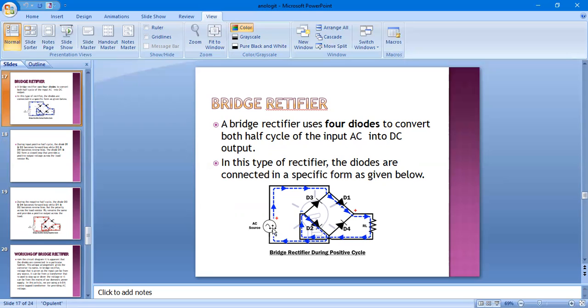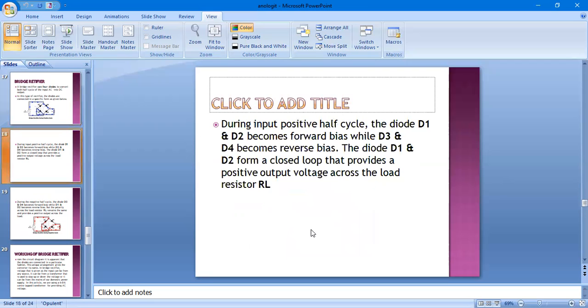See, the AC source current is flowing to D1 and it is coming to D4, and the movement continuously goes on. During the input positive half cycle, the diodes D1 and D2 become forward biased, while D3 and D4 become reverse biased.